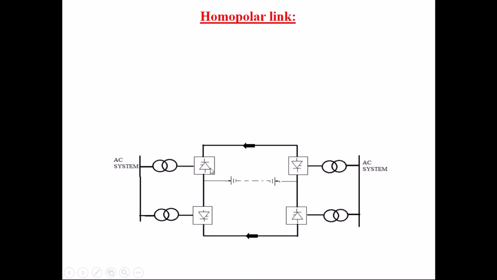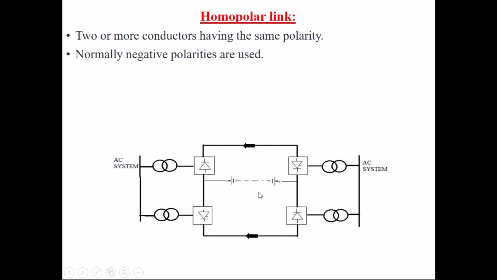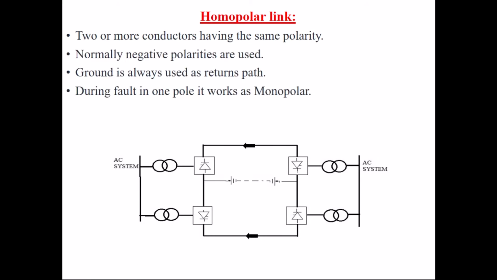You can see that this upper converter with this conductor and with ground as a return works as one monopolar link. Same way the second converter on both sides, with this negative polarity conductor and ground as a return, works as a second monopolar link. So homopolar operation is nothing but the operation of two monopolar links simultaneously, and we use the negative polarity conductor to reduce the losses.